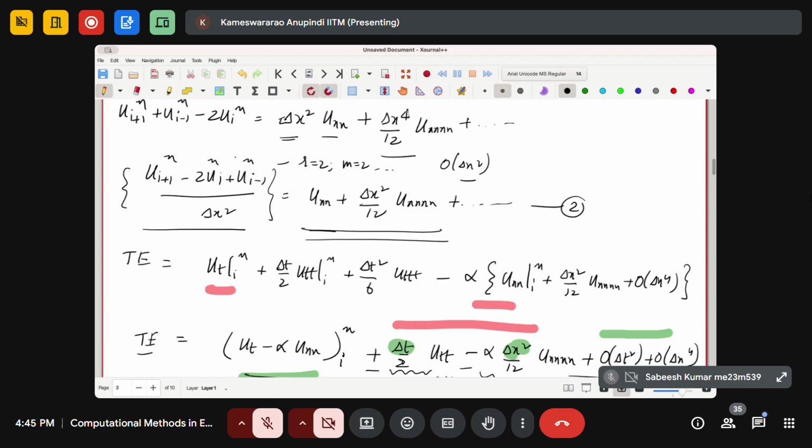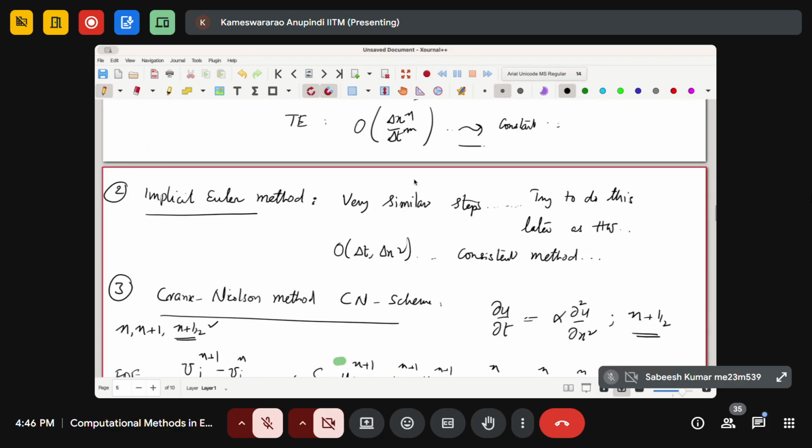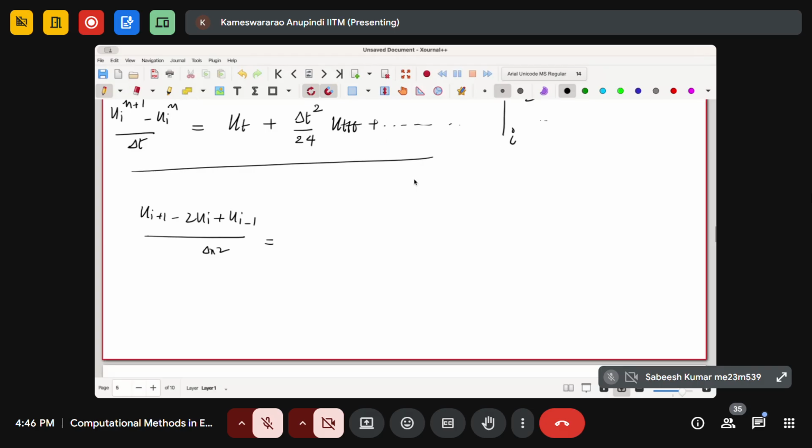But everything is at time level n, so these are also at time level n. u double x plus delta x square by 12 u_4x is what we have. So let me write that here. This is going to be u double x plus delta x square by 12 u_4x, but then everything is, let us say, if you are writing at n plus 1, this is also at n plus 1.